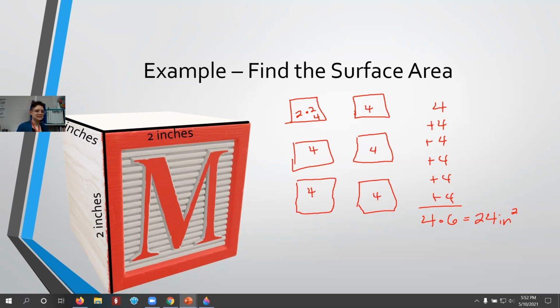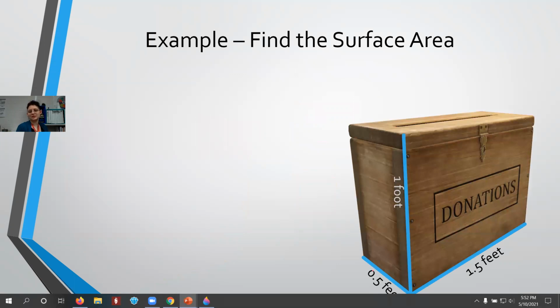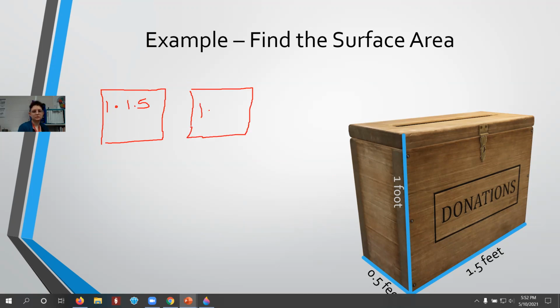Let's look at our next example with a rectangular prism. So this is made up of 3 different shaped rectangles. We have our front-facing rectangle, which is 1 foot by 1.5. We have its corresponding rectangle, which is the back-facing rectangle, so 1 times 1.5.